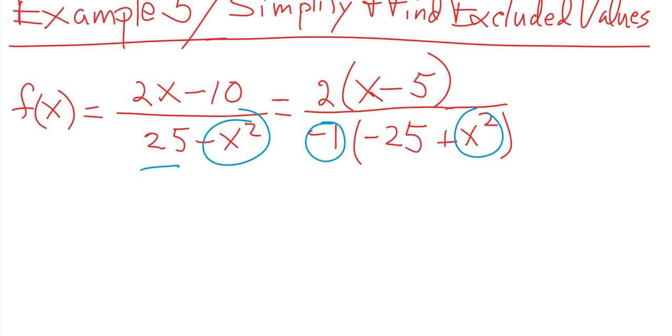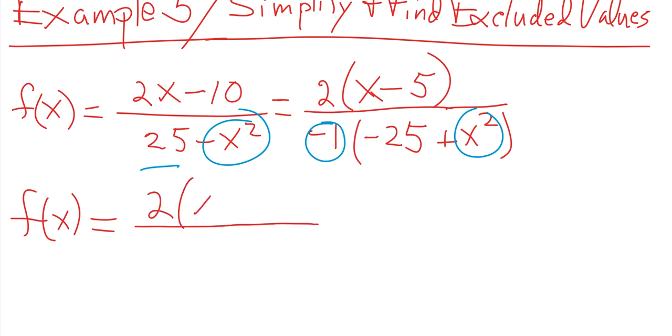Okay, so I've factored out a -1, and by doing so, it flips the signs inside the parentheses. So what we end up with is f of x equal to 2 times x minus 5 in the numerator, and in the denominator, notice the order now. -25 plus x squared is the same thing as x squared minus 25.